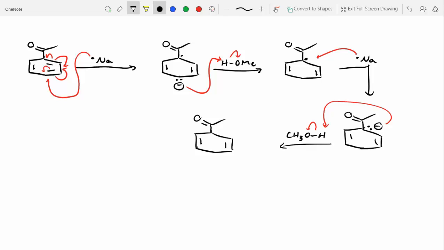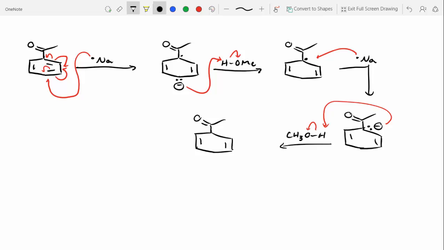I'll put the complete mechanism for an electron donating example in the notebook, but I know some people wanted to go on and practice some synthesis problems. It's pretty similar. You just want electrons to go to carbons that are either partial positive or neutral. Electrons don't want to go to partial negative centers, right? So if you've got an electron donating group, you want to avoid donating electrons from sodium to those partial negative centers.